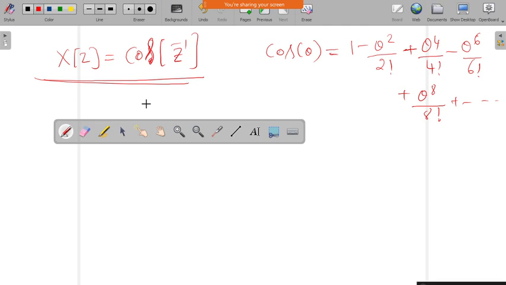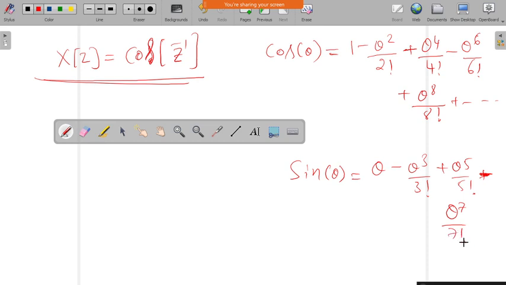Similarly, if sin theta is given, you have to use the formula theta minus theta cube by 3 factorial plus theta power 5 by 5 factorial minus theta power 7 by 7 factorial, alternating plus and minus. So if sin theta is given, use this formula; if cos theta is given, use that formula. For cos of z inverse, theta itself is nothing but z inverse, you can put that value and find the series X of z, then take the inverse z transform.